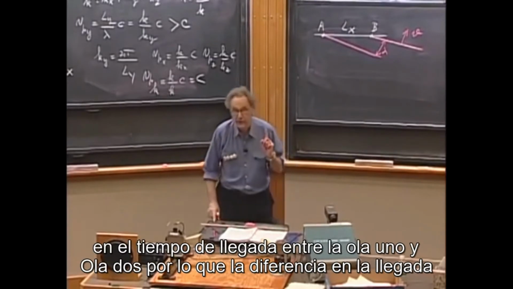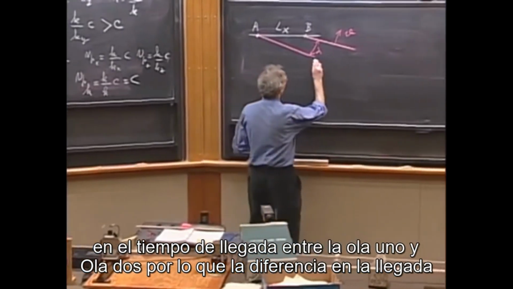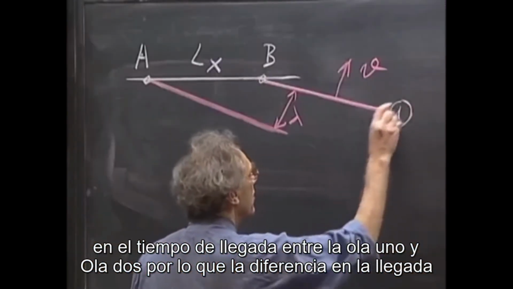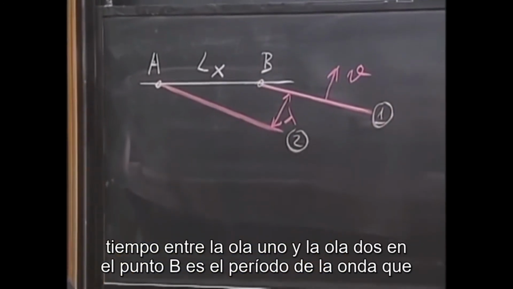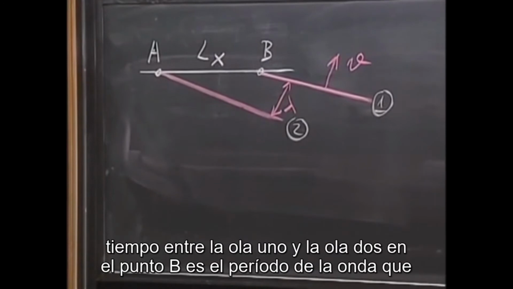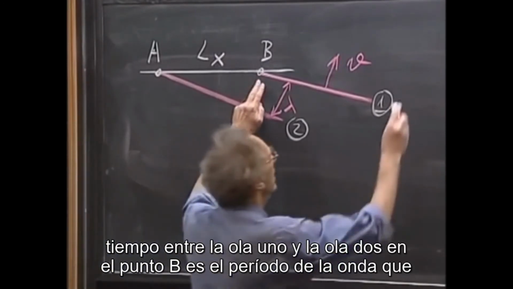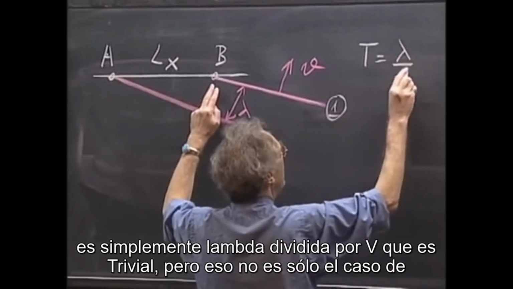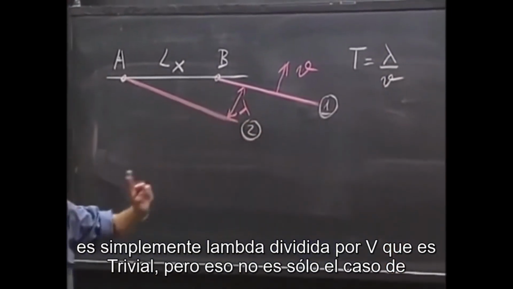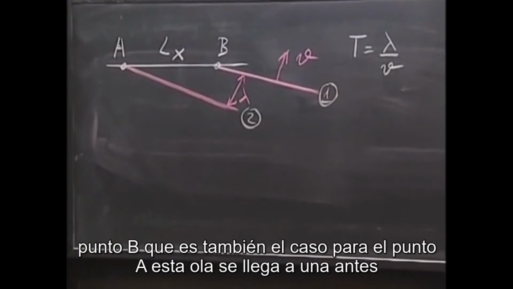Now, the difference in arrival time between wave 1 and wave 2 at point B is the period of the wave, which is simply lambda divided by v. That is trivial.